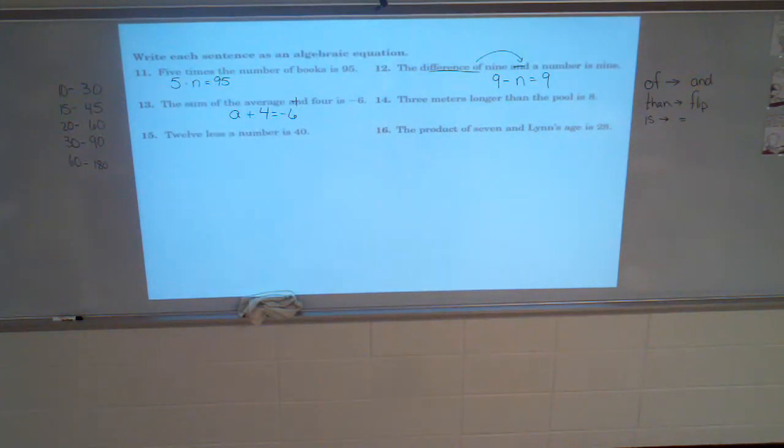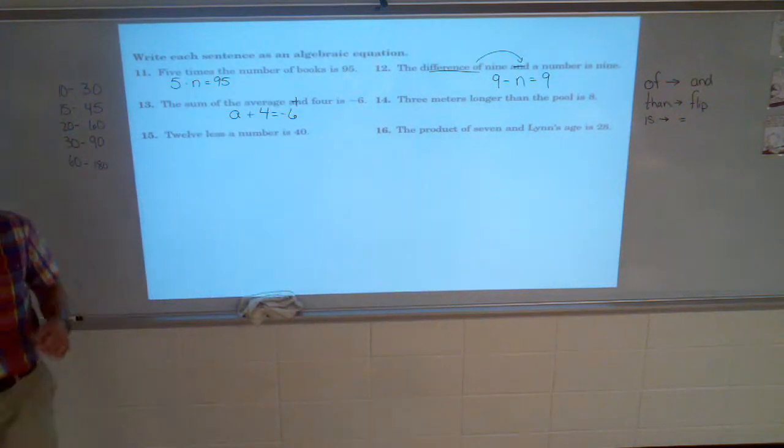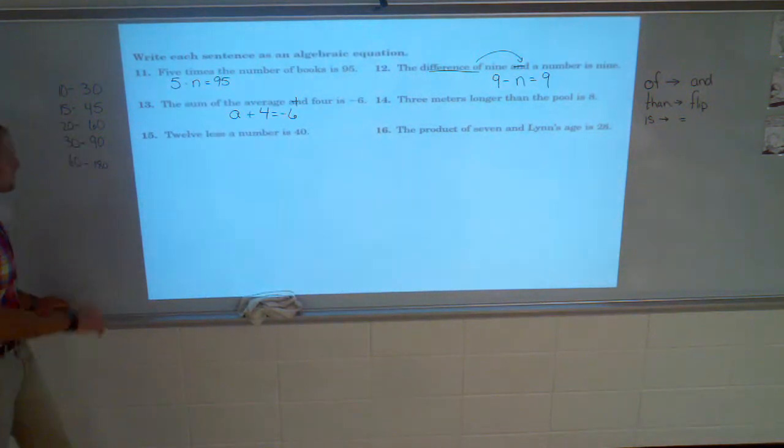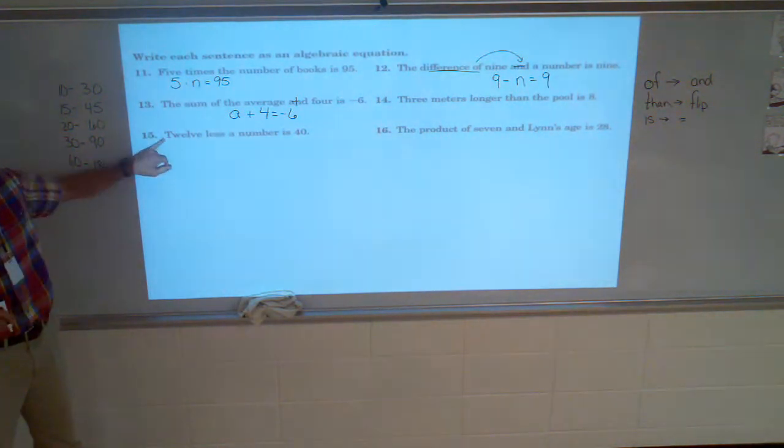Less a number is 40. Now, let me give you a hint on the I step, all right? For the I step, I'll give you the hint in just a little bit. I'll come back in just a second.